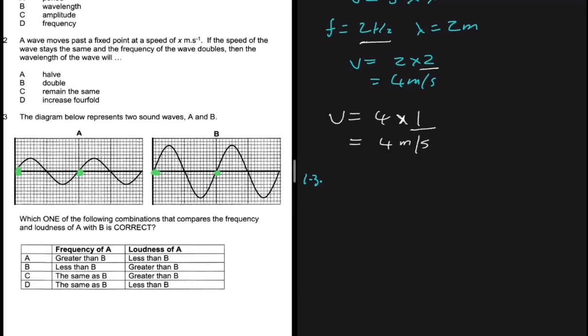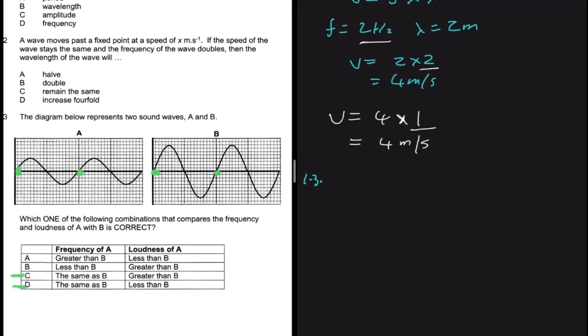So now the only options we're looking at are option C and option D, because they say that the frequency of A and B is the same. Let's look at the loudness, because that's the other criterion we have. Option C says that the loudness of sound wave A is greater than that of B. What is loudness related to?